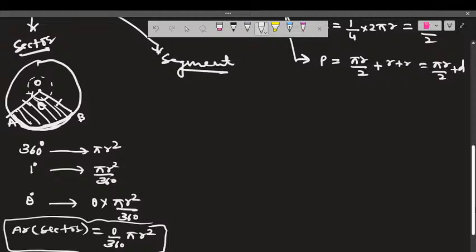In this way we can have semicircle that is related to circle, we can have quadrant that is related to circle, area related to circle, we can have sector, and sector by default means minor sector, segment by default means minor segment.